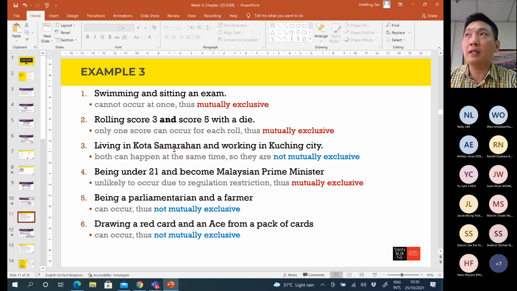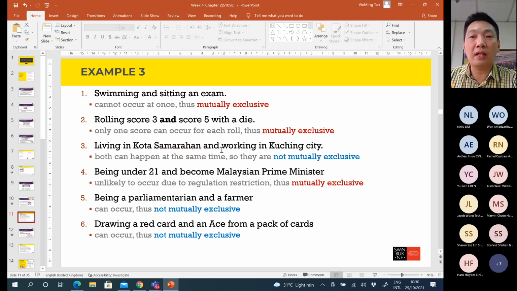You can consider Kota Samarahan a rural area and Kuching a city. It's possible because there is a road connecting Kota Samarahan and Kuching. These two events can happen at the same time. As a result, these two events are not mutually exclusive. Just like living in Selangor and working in KL, it can happen.